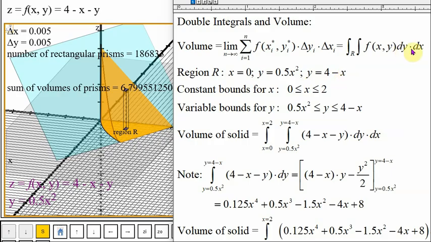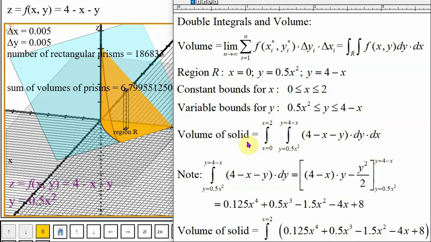And we're doing dy dx, and so the bounds for x will be constant. So it'll be from 0 to 2. And then the bounds for the variable y will be, it's bounded above by the line y equal to 4 minus x, and then below is bounded by the curve y equal to 0.5 x squared.